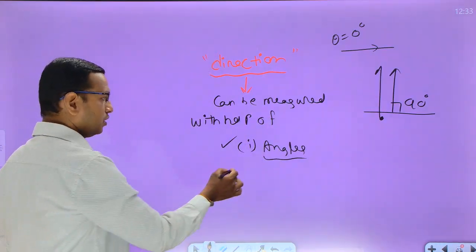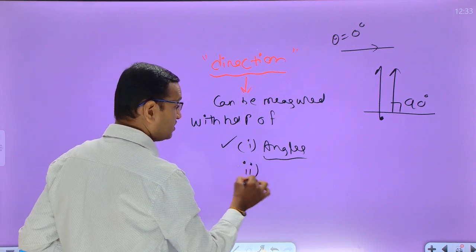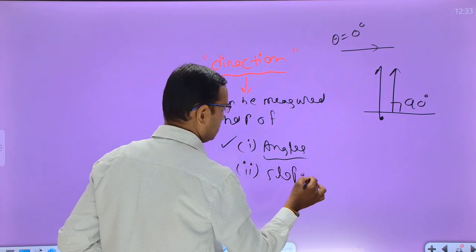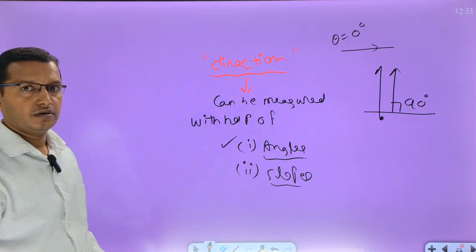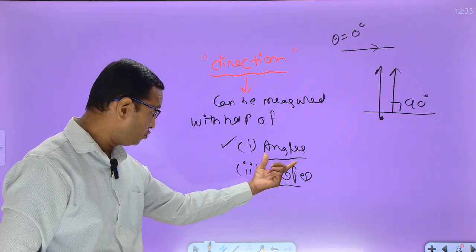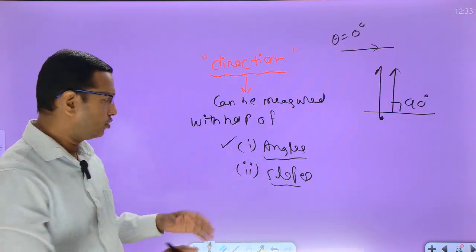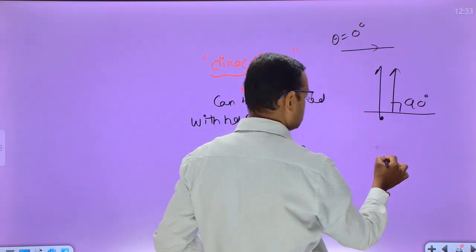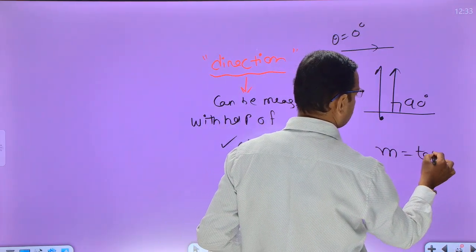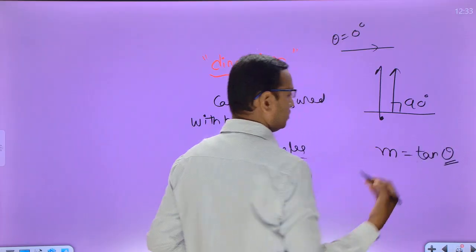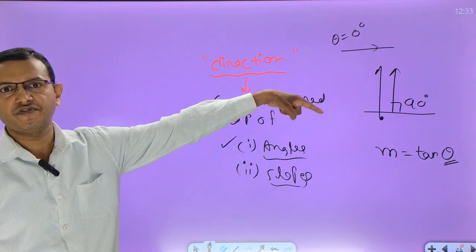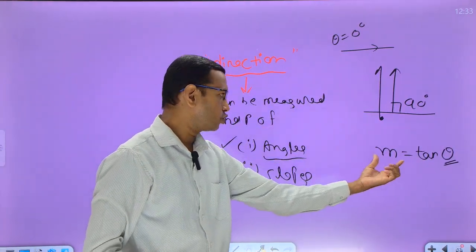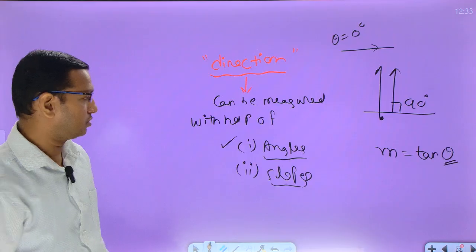Hope this is clear. Not only this, with the help of slopes we can measure the direction, because slope is directly proportional to the angles. In mathematics, to measure the direction of any line, they simply put m equal to tan theta. So m is the slope, theta is nothing but the angle. So direction you can measure with the help of angle or slope, because both are directly proportional.